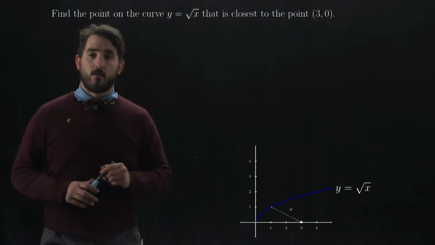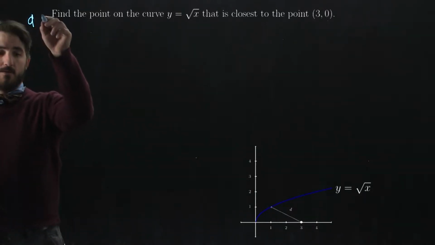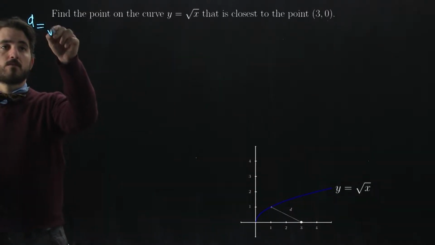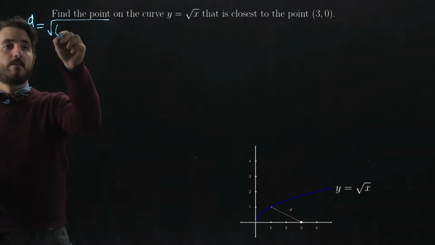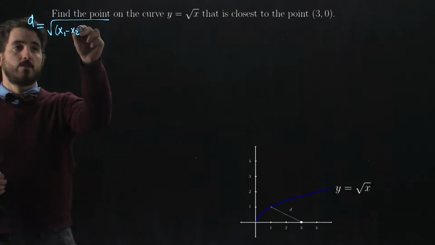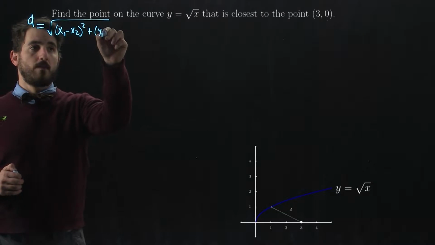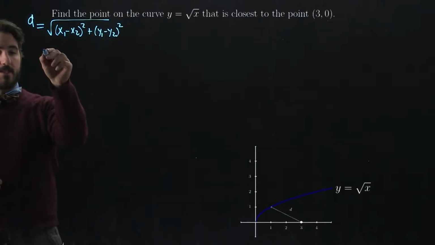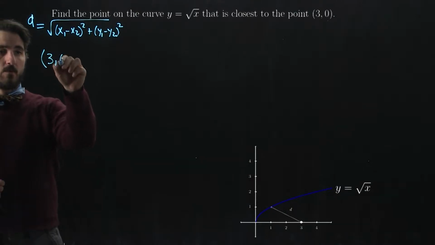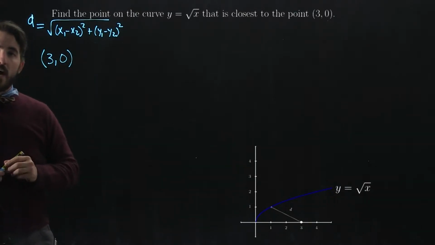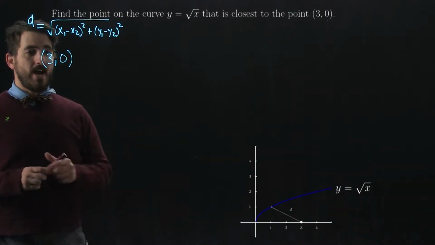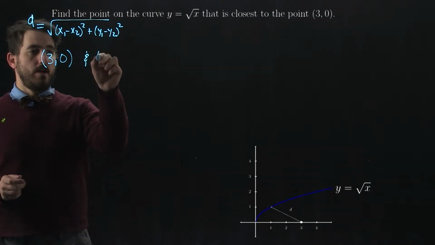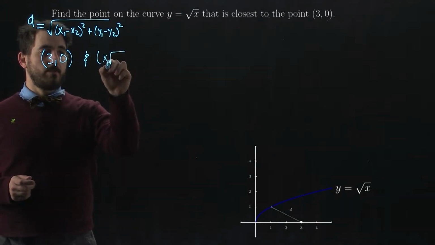Now, the distance formula is d equals the square root of (x1 minus x2) squared plus (y1 minus y2) squared. The two points that we are considering are (3, 0), which is given, and any point on this graph, which is going to be (x, square root of x).